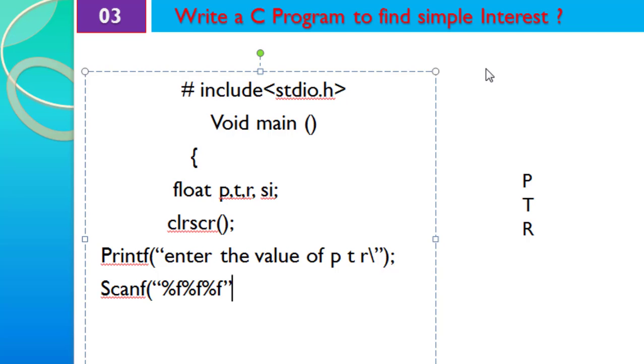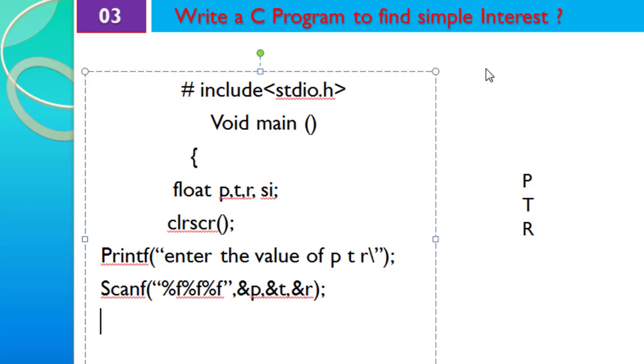Because three variables are used, we have to use three %f, %f, %f, and comma, ampersand p comma ampersand t comma ampersand r. Then close the bracket and put the semicolon at the end of the statement.